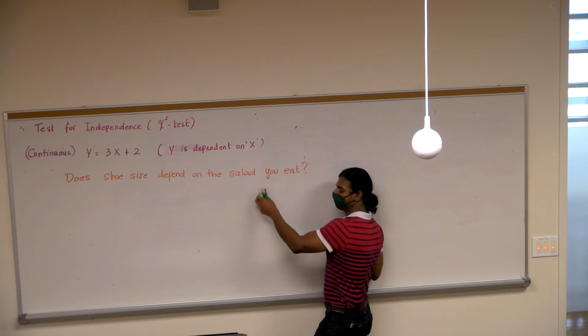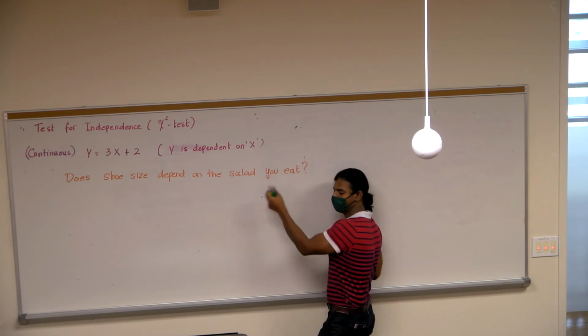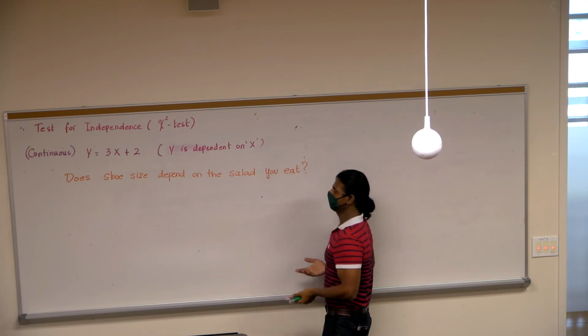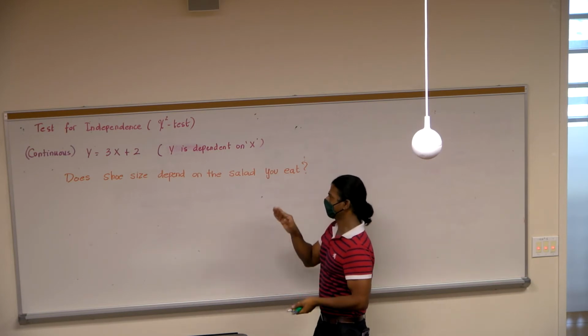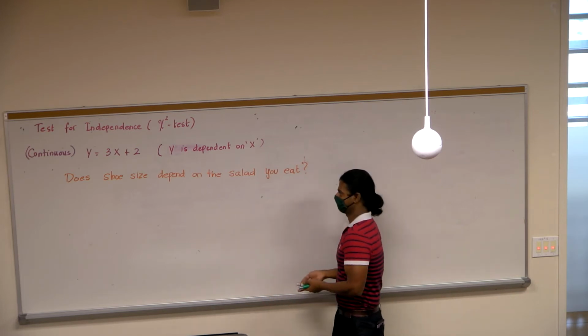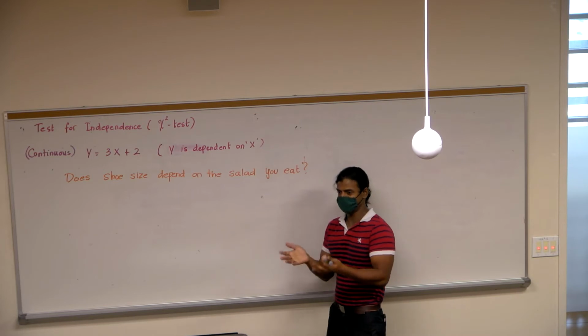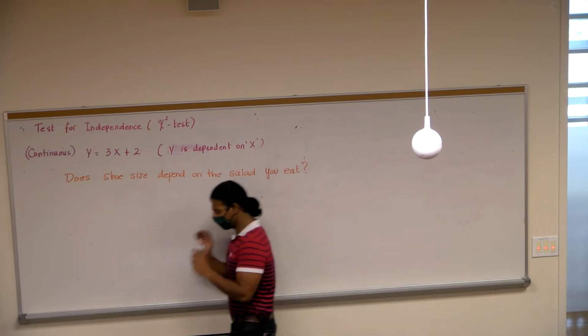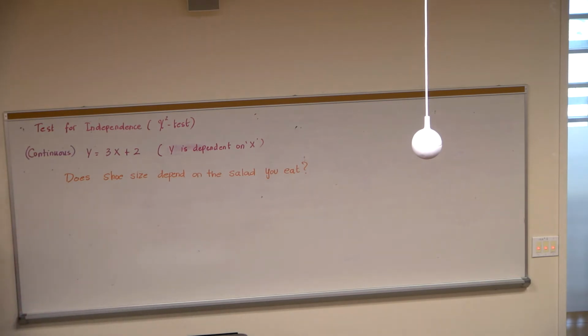So we have a bunch of salad levels and a bunch of shoe sizes, and we want to know if shoe size depends on the salad that you eat. This is clearly a very silly case because there is no connection whatsoever. But how would we perform a test in a case like that?